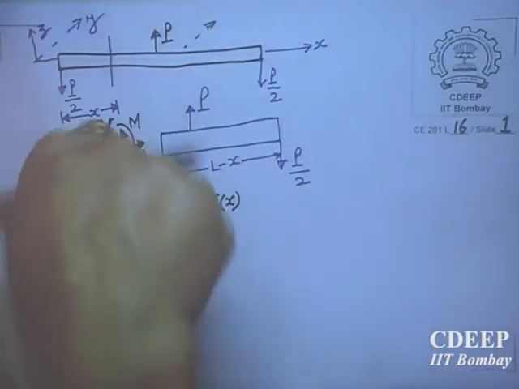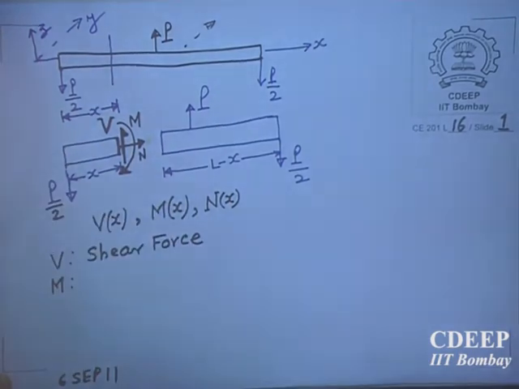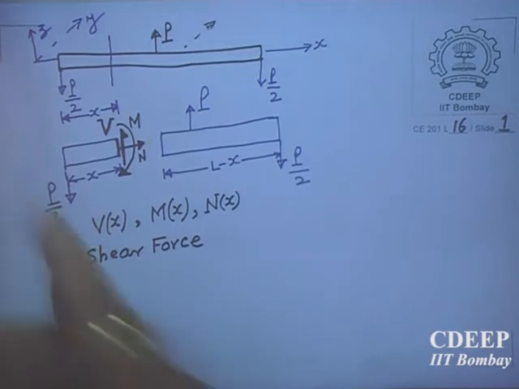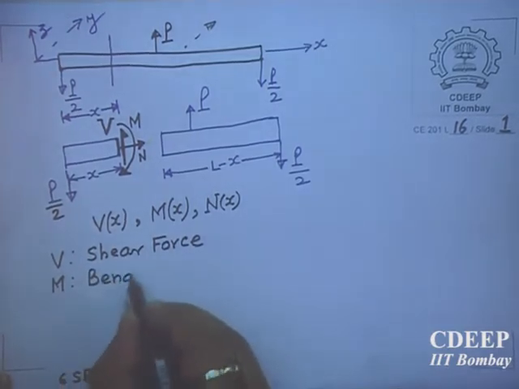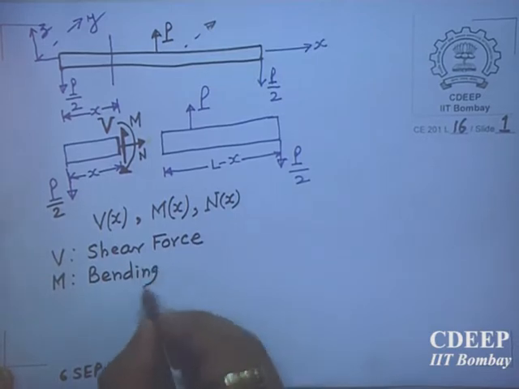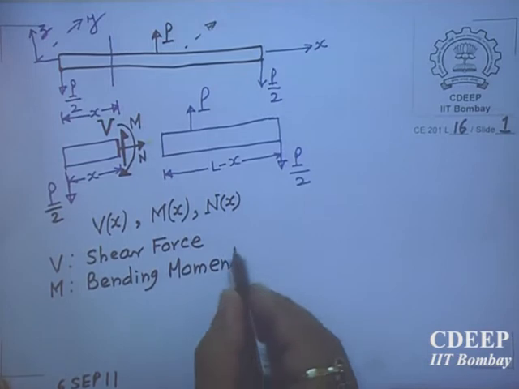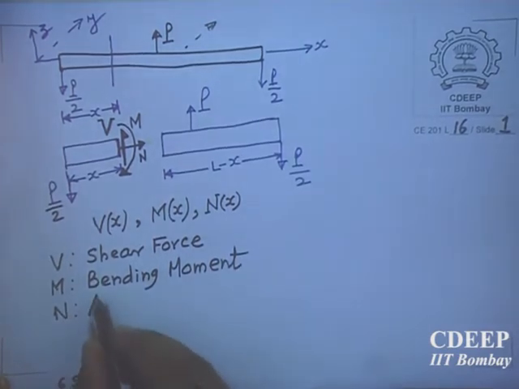It does not twist the beam. It bends the beam, so it is called bending moment. And N is called axial force.